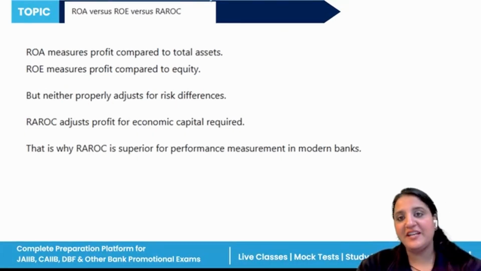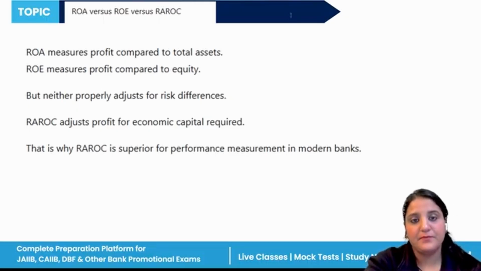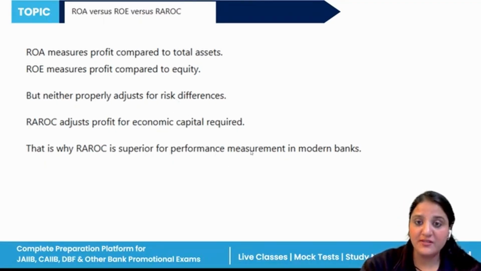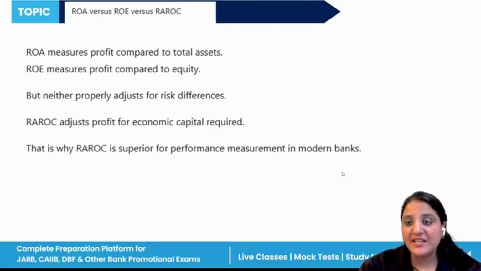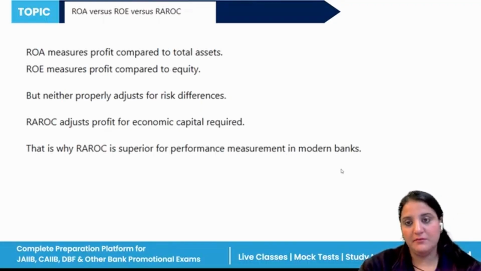What is the meaning of ROA and ROE? Return on assets is the profitability ratio that measures how efficiently a company generates profit from its total assets, which is calculated by dividing net income by total assets.